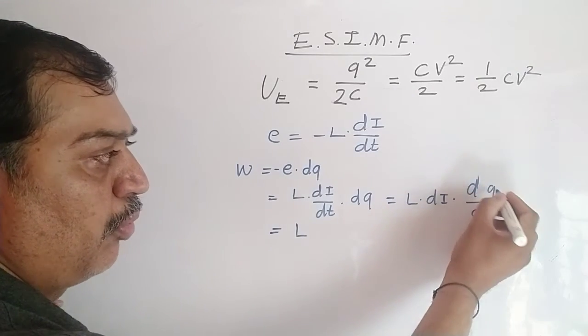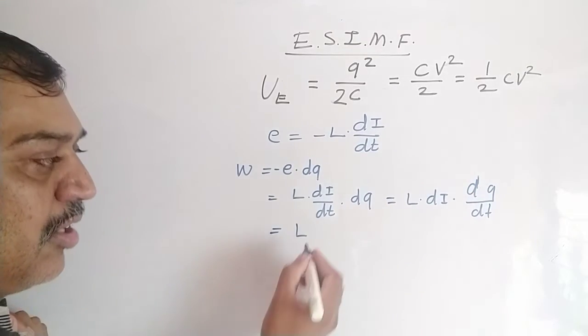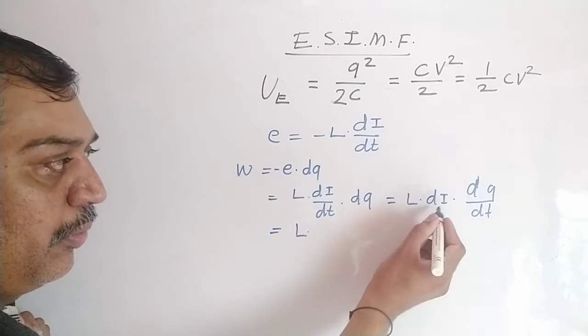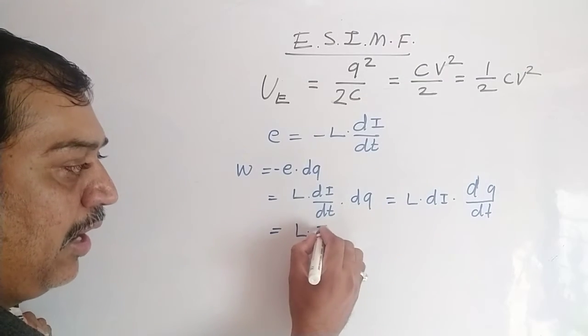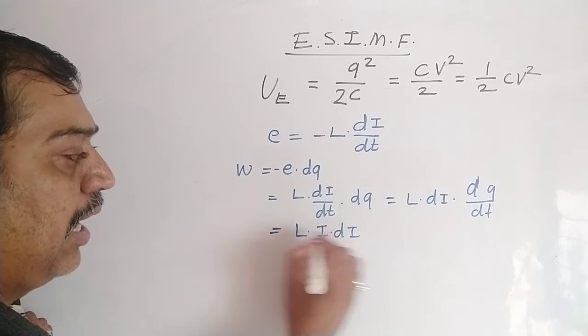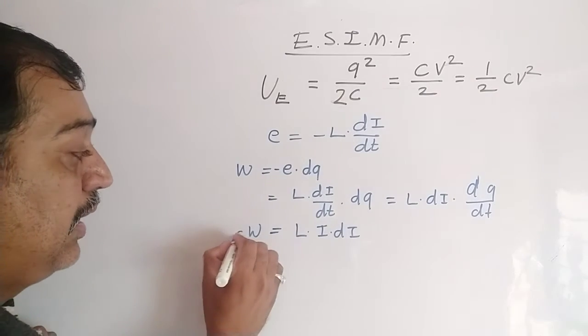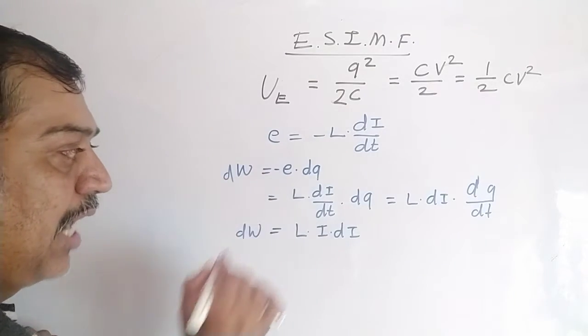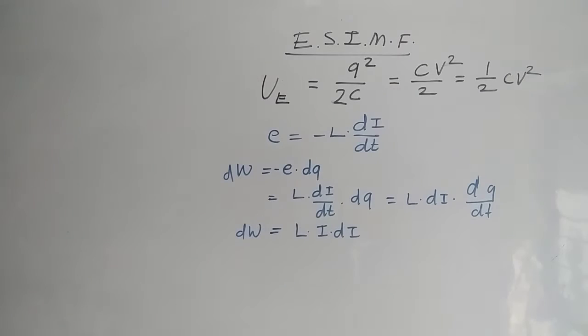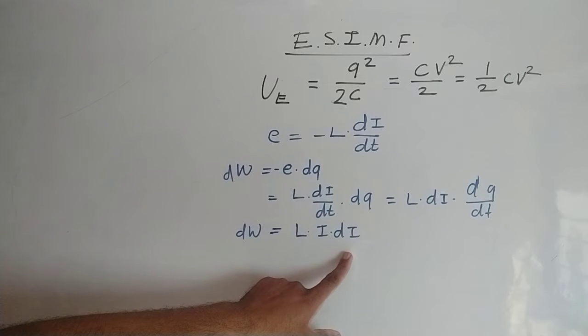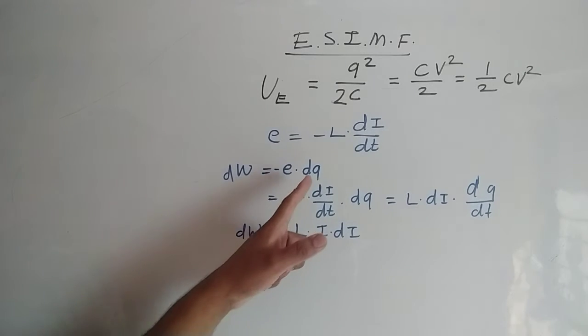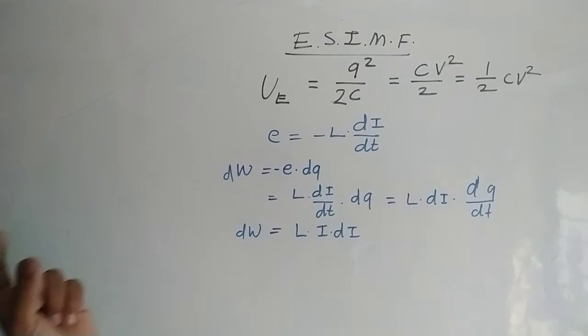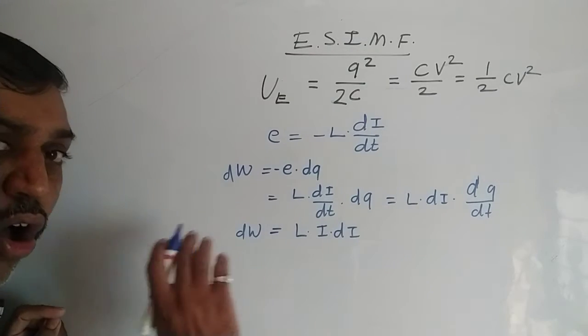The rate of flow of charge per unit time is a current, so we can write L into I into di. For a charge dq, the work done is dW, so dW equal to L into I into di. This is the work done to move the small charge dq. I want to find the total work done to move all charges.